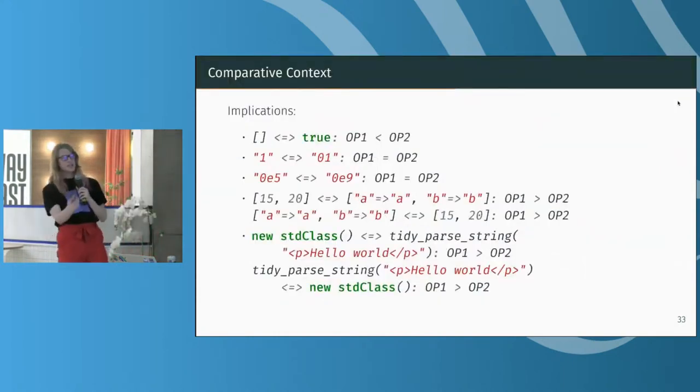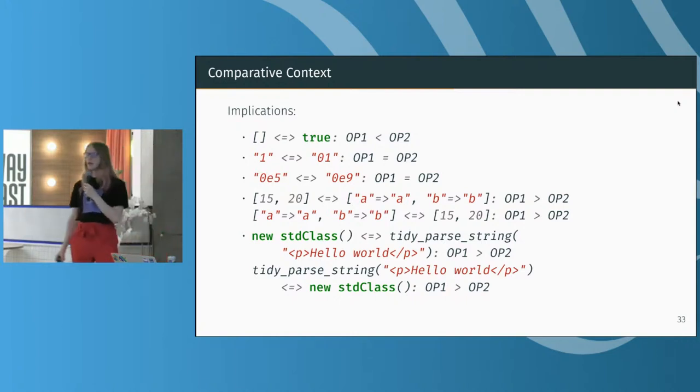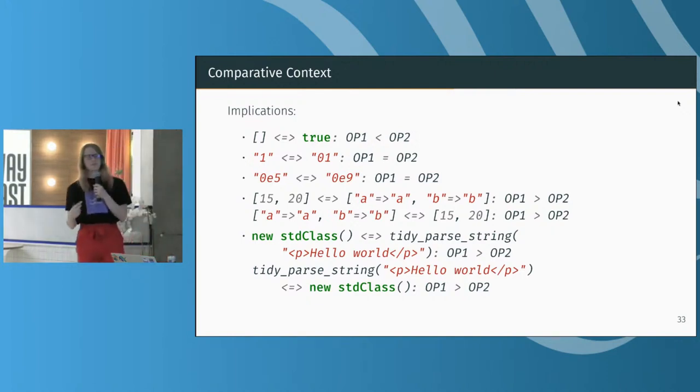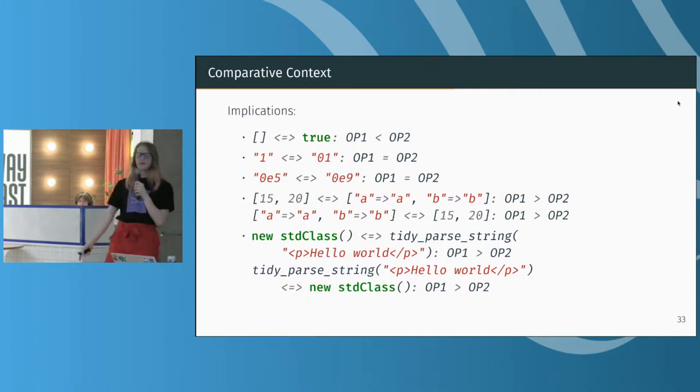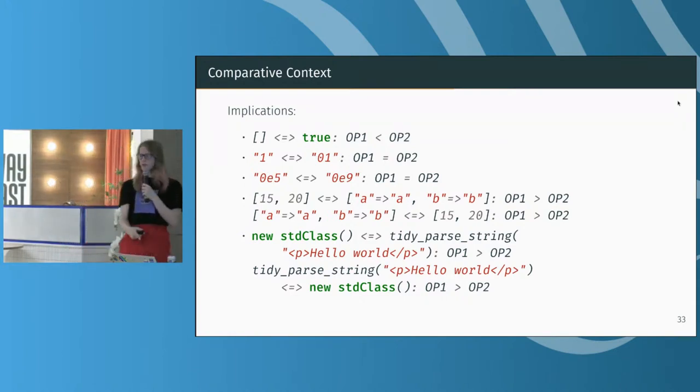So these are the implications: an array is less than true, because an empty array gets converted to false, and false compared with true is less than. The string 1 and the string 0.1 are the same because they both get cast to integers, which is brilliant. 0e5 and 0e9 are also the same because, again, exponential notation, so brilliant.